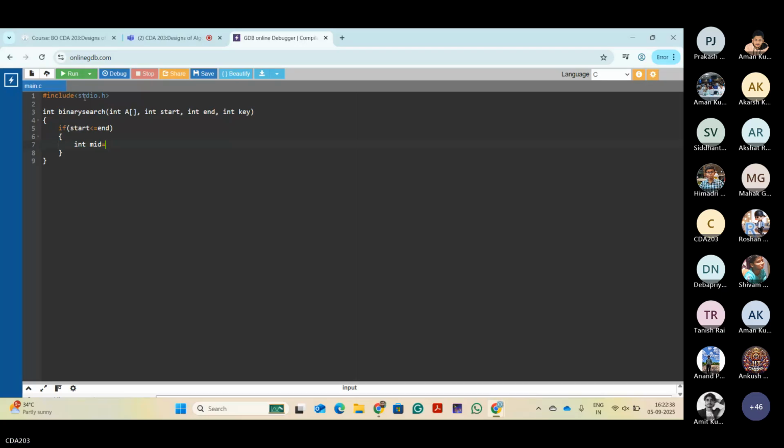It should be from the lowest, or if you are using low, then low plus half of these elements.